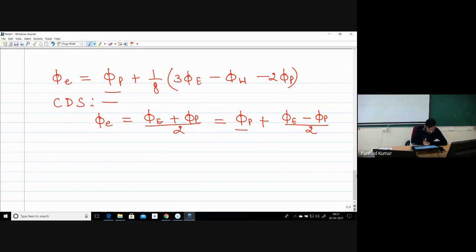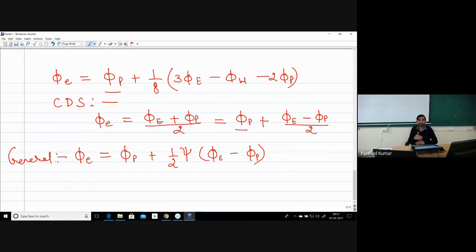In general, I can say that phi E will be equal to phi P plus 1 by 2 some function psi times phi E minus phi P. Can I say this in a general sense? So now I am writing a general expression which takes care of the different schemes in one single expression.